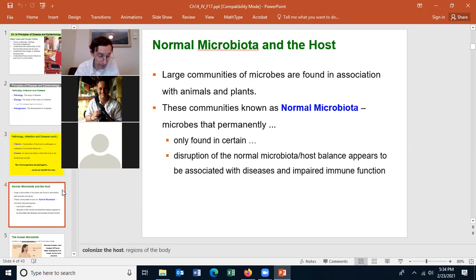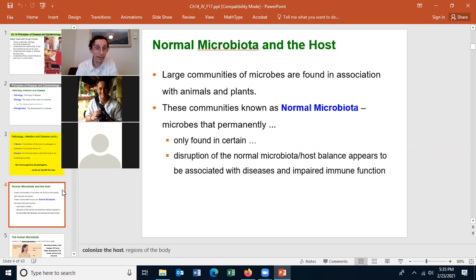Usually when we use the term normal microbiota, we're talking about the normal microbes that live in and on a human. Okay? And each species has their normal microbiota. Like for us, Staphylococcus epidermidis and Micrococcus luteus are normal microbiota on our skin. E. coli, I'm pointing to my belly, is normal microbiota in our gut.